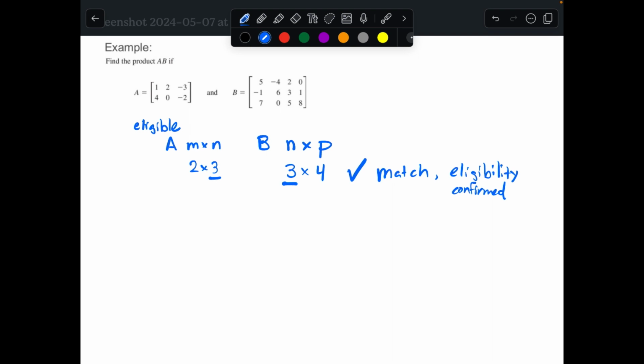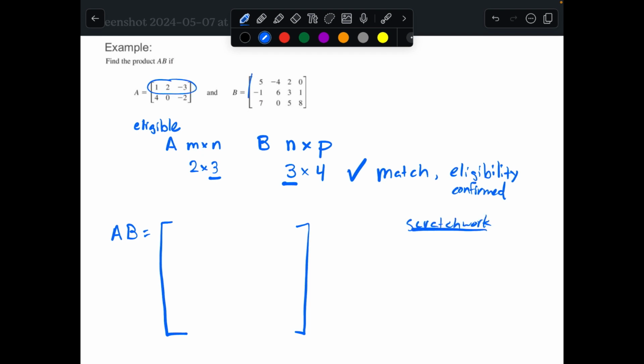Here is the algorithm for multiplying A times B. Take row 1 in matrix A and multiply each element by the corresponding element in column 1 in matrix B, and you sum up those products. So this is 1 times 5 plus 2 times -1 plus -3 times 7.